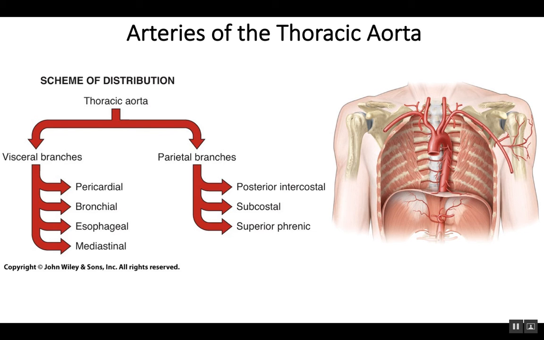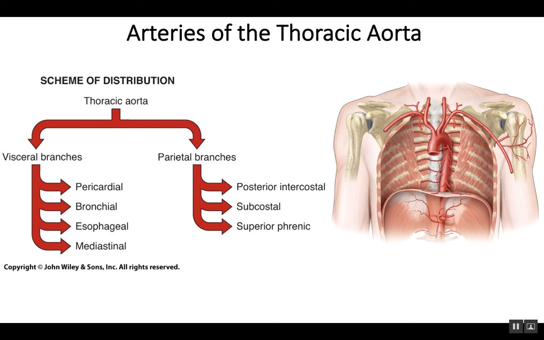Okay, next region is the thoracic aorta, and that's this region of the descending aorta that runs down through the thoracic cavity and then eventually goes through the diaphragm. And these arteries are pretty straightforward in that they're divided into arteries that go to internal organs, so those would be the visceral branches: pericardium, lungs get oxygenated blood by bronchial arteries, because if you recall, the pulmonary arteries are deoxygenated.